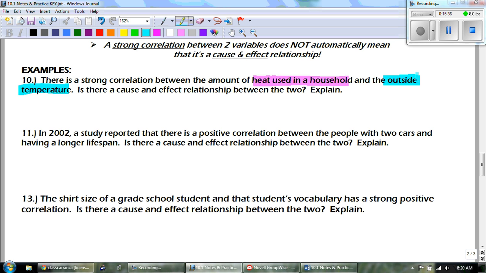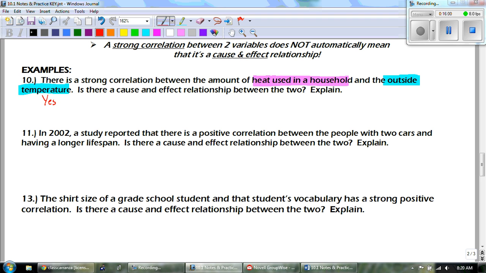What do you think? Well, let's think about it. Think about the winter and it's really cold outside. What do you do inside? Do you turn the air conditioning on or do you turn the heat up? Yeah. So for this one, is there a cause and effect relationship?